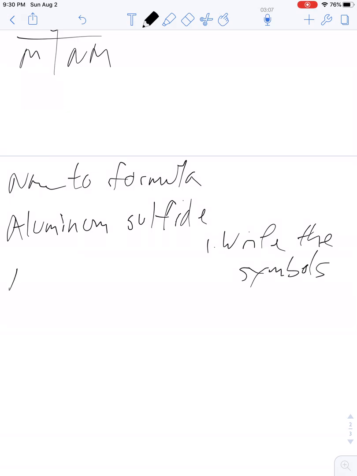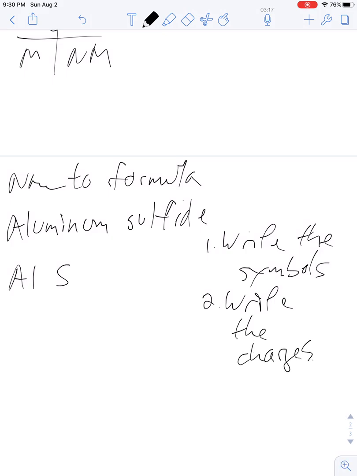So the symbol for aluminum is Al, the symbol of sulfur is S. Then you write the charges. Since aluminum is in the +3 column, it's a +3, and since sulfur is in the -2 column, it's a -2. Or you can always look up their charges on Appendix A, but it's a lot easier if you look up the charges from the periodic table.